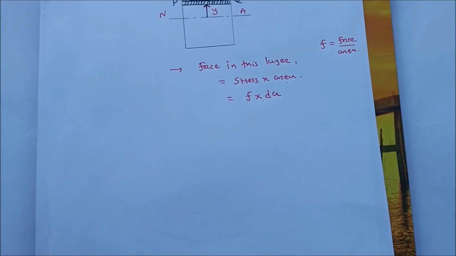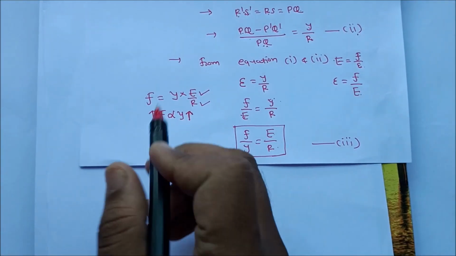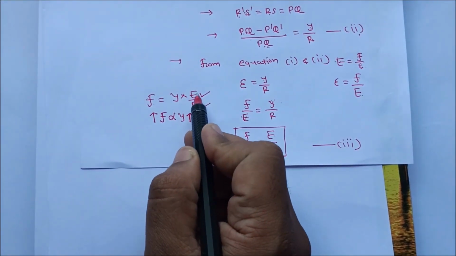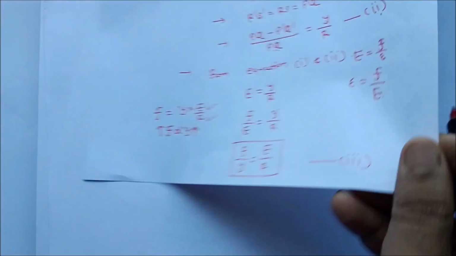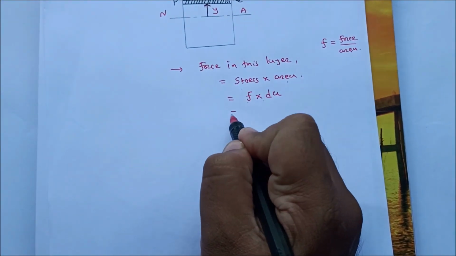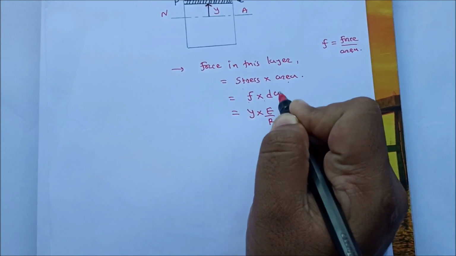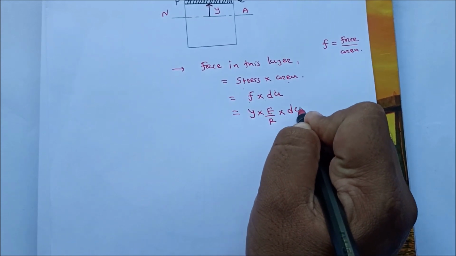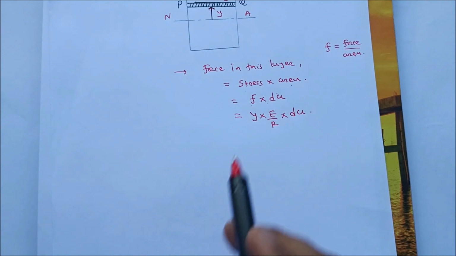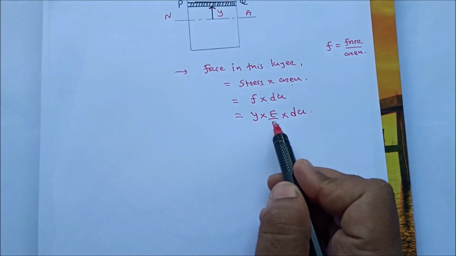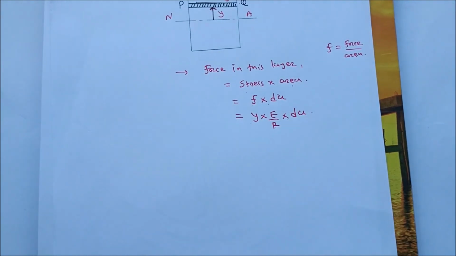So from equation 3, we can write F is equal to Y multiplied by E by R. So put this value here. Instead of F, we can write Y multiplied by E by R, and the area of this layer as it is. So the force in this layer is Y multiplied by E by R into dA.